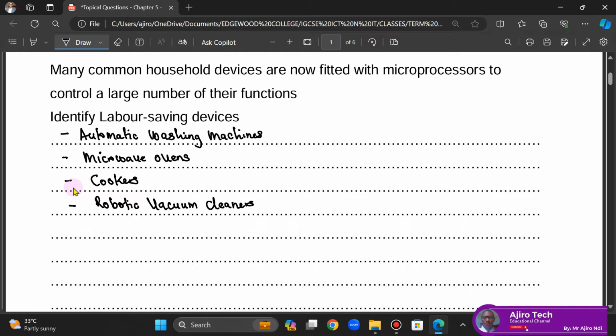We have bread making machines. We have smart fridges and freezers.